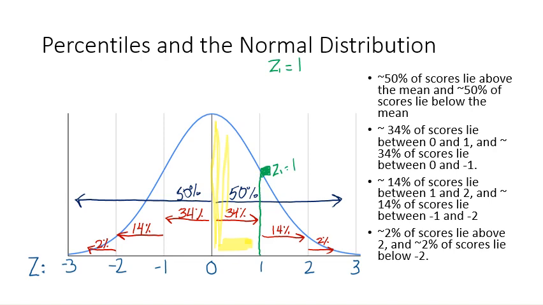That's okay. So we know that about 1/3 of the scores are going to be right here. So here's our marker score in green.